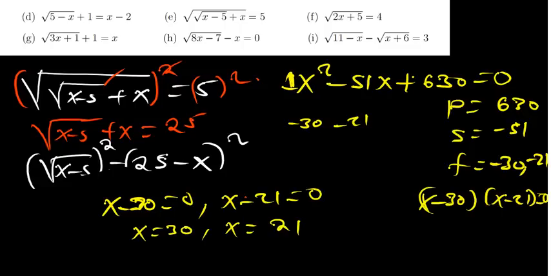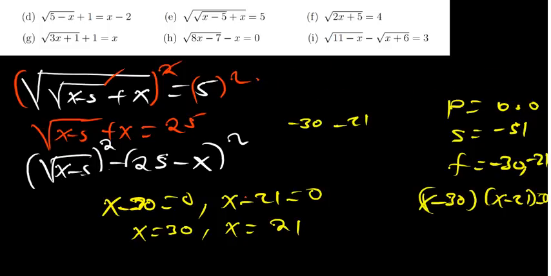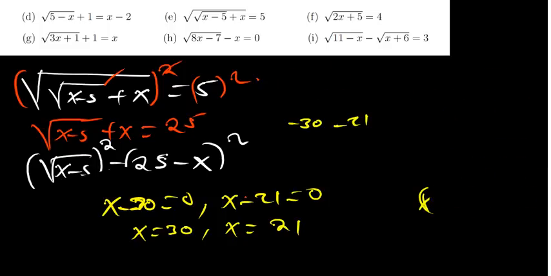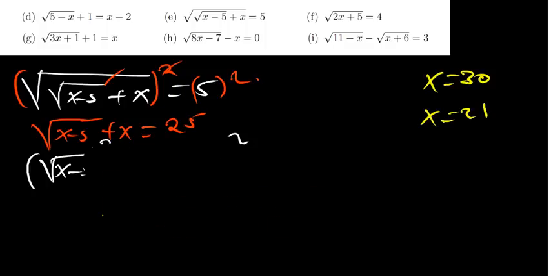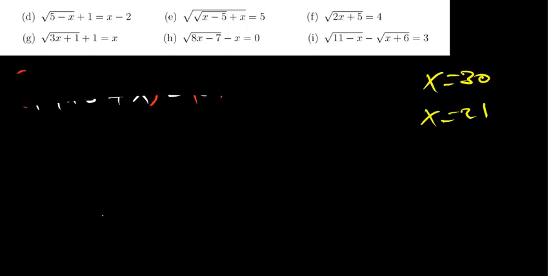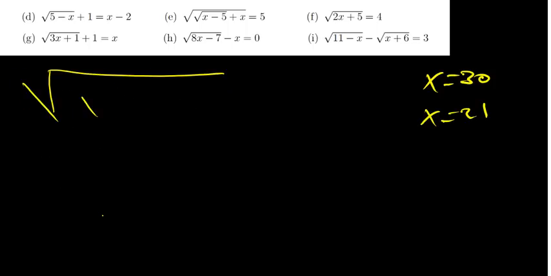But these are not answers. Because it's a radical equation, we have to test. So I'll write them here. Let's now test. Our equation is a big square root, then a small square root of x minus 5 plus x is equal to 5.